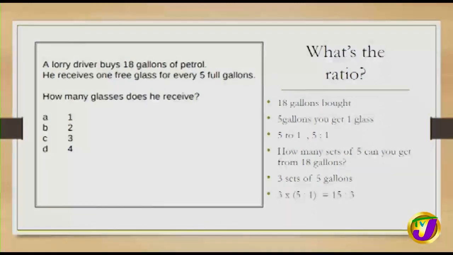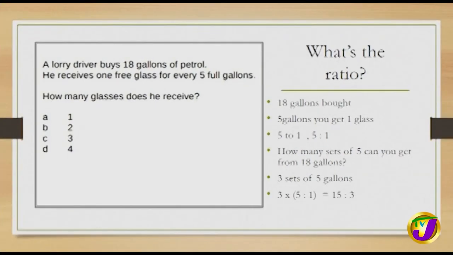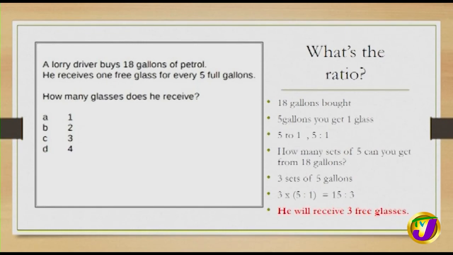So we can use this to scale the ratio. 3 multiplied by 5 gives us 15 gallons, and 3 multiplied by 1 gives 3. So for the 15 gallons, you will get 3 free glasses, because for every 5 you get 1, and you had 3 sets of 5.